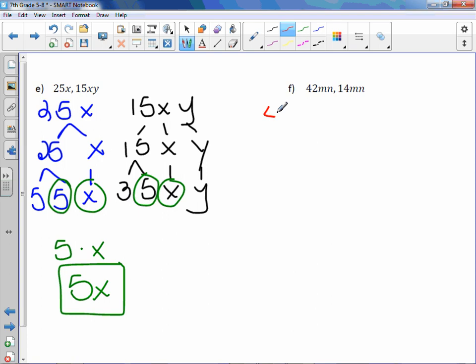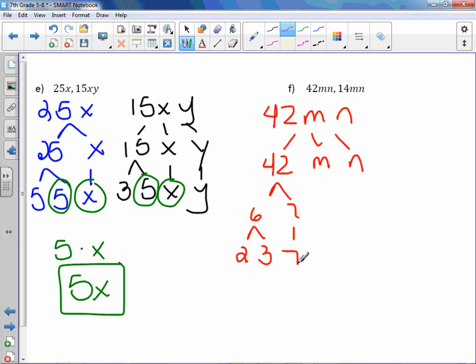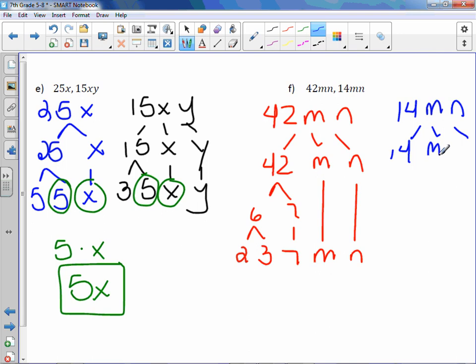Letter F, 42mn. Let's break that apart. 42mn. 42 is 6 times 7. 6 is 2 times 3. Bring down the 7, bring down the m, bring down the n. And we have 14mn, which can be broken down into 14 times m times n. 14 is 7 and 2.